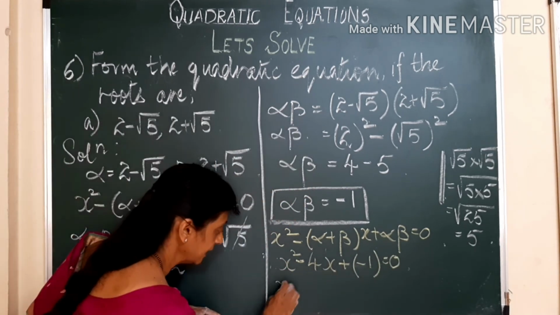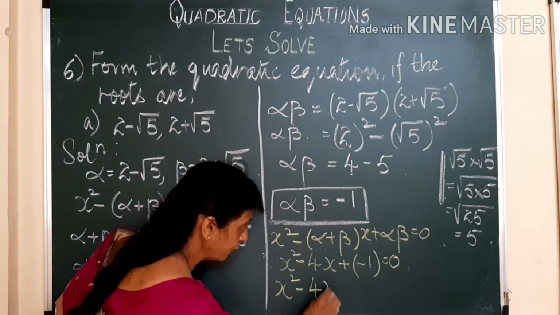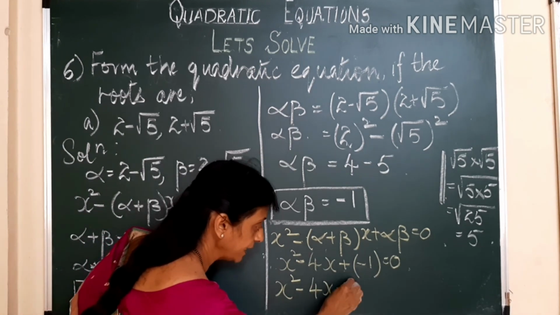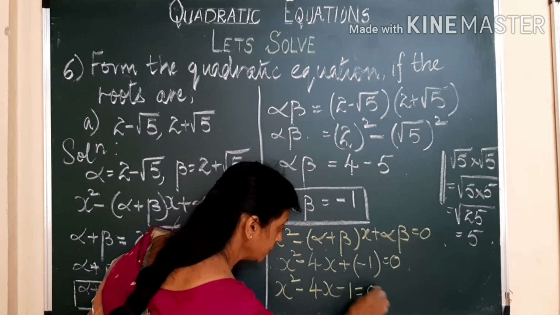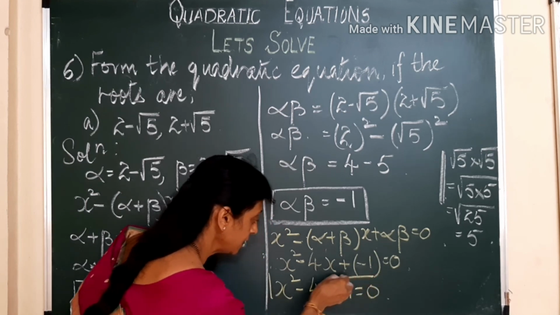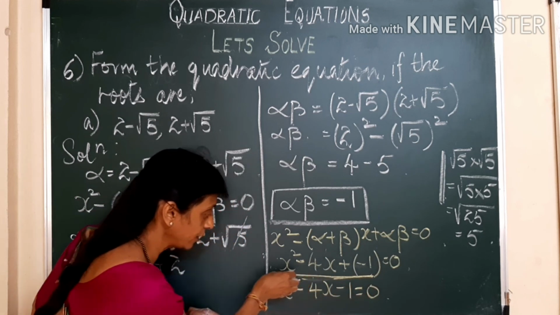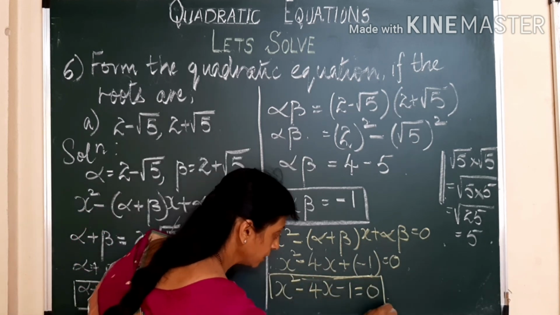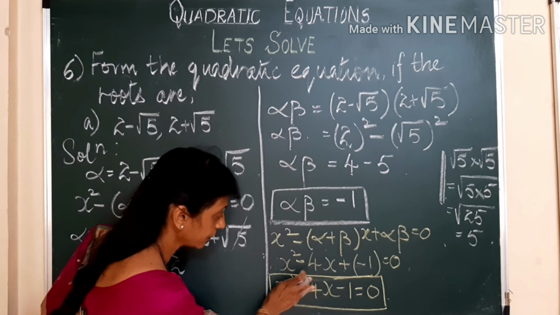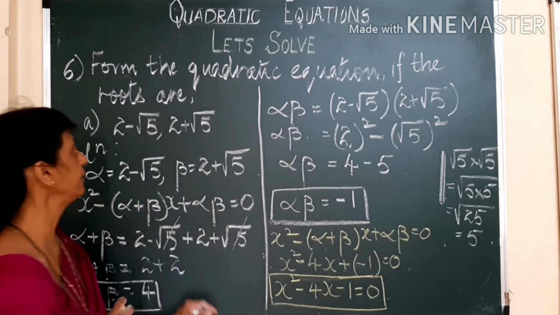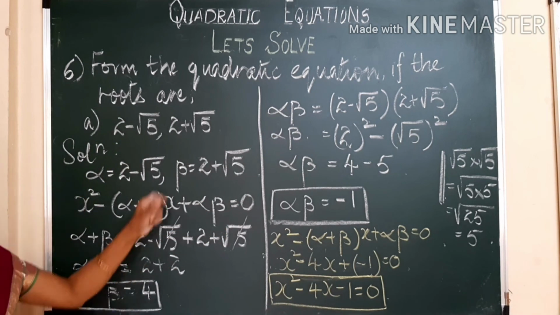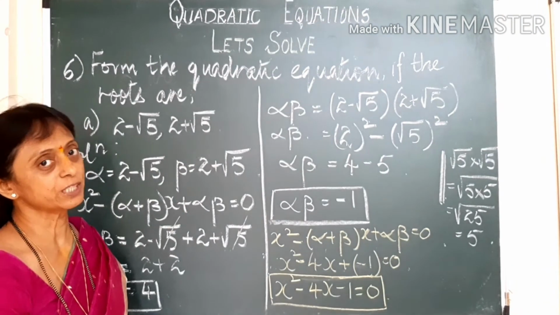So what do you get? Therefore, x squared minus 4x plus into minus is minus 1, which is equal to 0, is the given quadratic equation, when the roots given are 2 minus root 5 and 2 plus root 5.